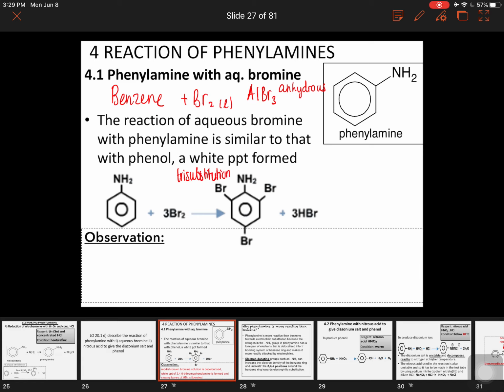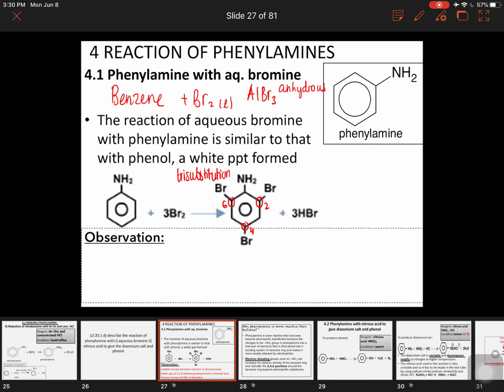So NH2 activates the 2,4,6 positions. So all the hydrogens in the 2,4,6 positions have been replaced. Okay, this shows that phenylamine reacts with bromine more reactively compared to benzene with bromine.